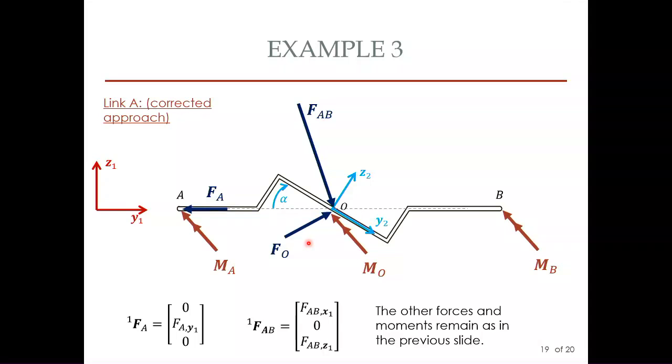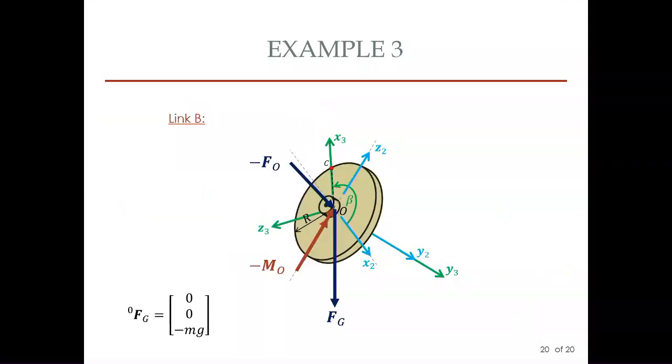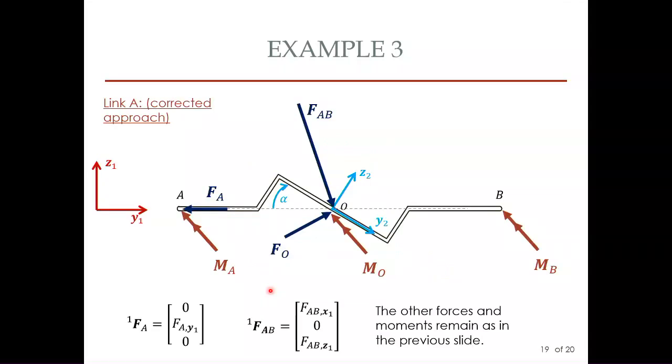So on the wheel you will have this minus FO, minus MO, but nothing with this FAB. Any questions?